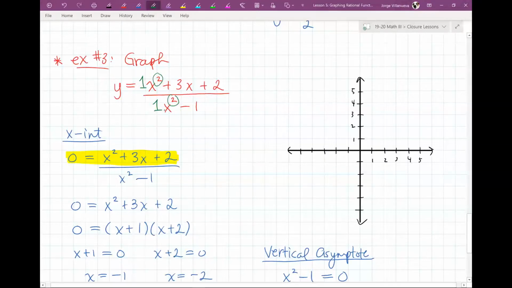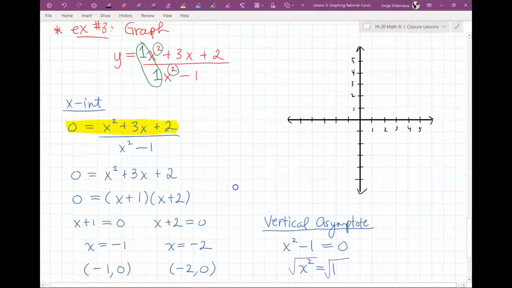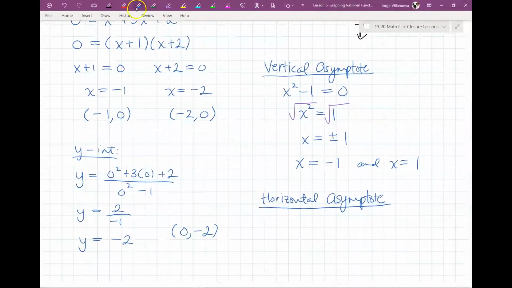There's no 2 or 3 or anything in the front, so we put 1s there. So that means 1 over 1. That's going to be your horizontal asymptote. So y equals 1 over 1, which means y equals 1. Great. We know that our horizontal asymptote is 1.